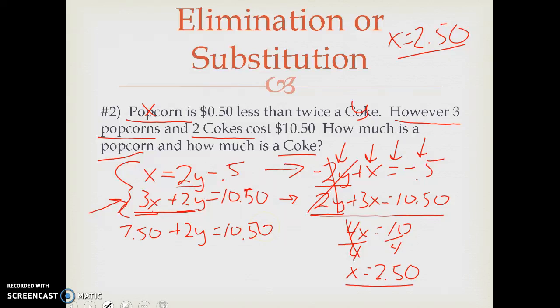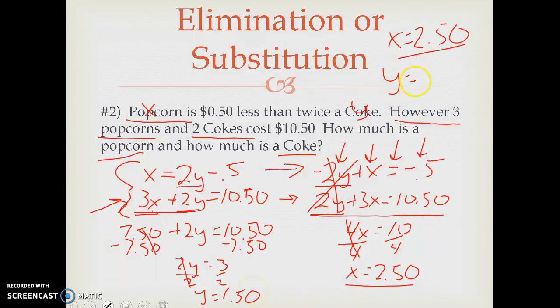So I'm going to get y by itself. I'm going to start by subtracting 7.50 from both sides. And if I do that, I'll have 2y equals 10.50 minus 7.50. Well, that's just 3. And if I divide both sides by 2, y equals 3 divided by 2, which is 1.5, or in this case, $1.50.